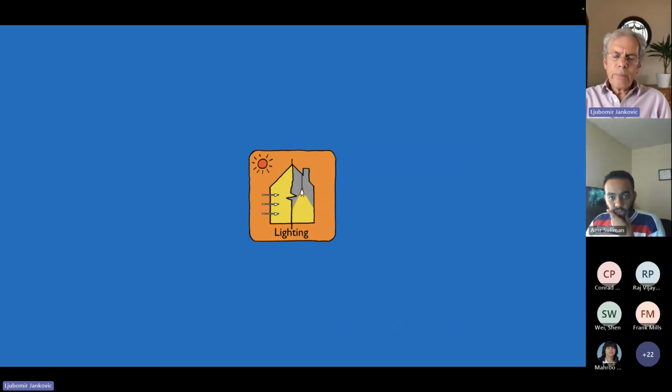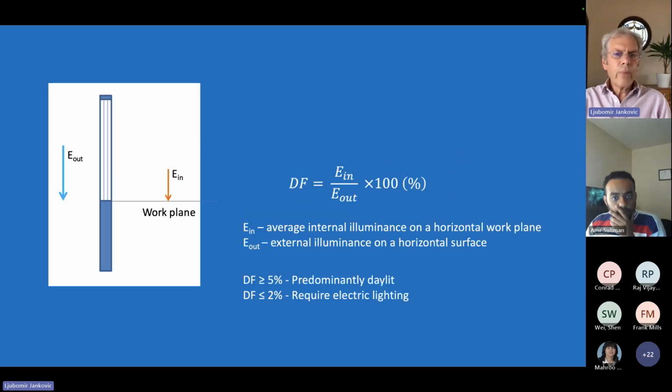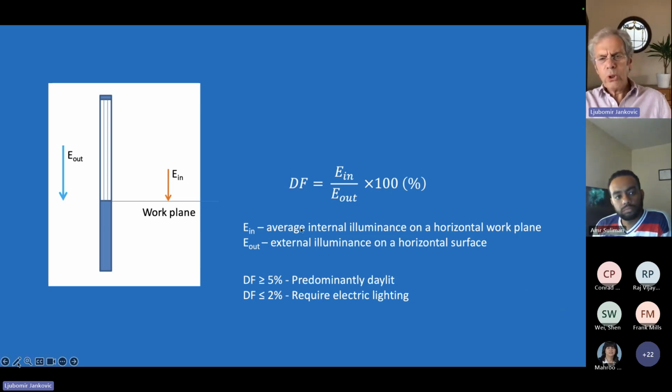Lighting is another important consideration, and we first need to define the daylight factor, which is a ratio between average internal illuminance on the horizontal work plane and external illuminance on the horizontal surface, and that is multiplied by 100 to get values in percentages.